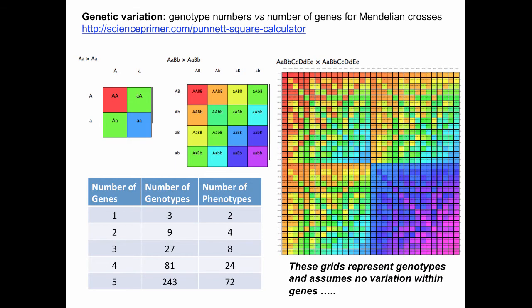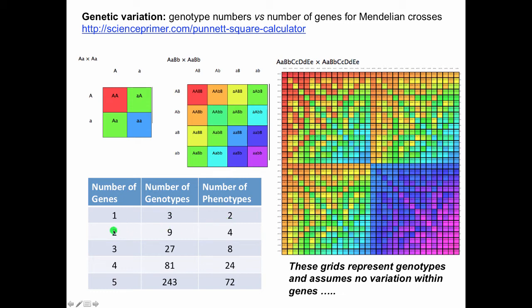These figures give you more of a pictorial view of genetic variation, looking at genotype numbers versus the number of genes. For simple Mendelian crosses, these grids represent genotypes, and they assume no variation within the genes. I don't expect you to make a big deal of this, but it gives you an idea of how complex things get. If you talk about a single gene, we've already mentioned 3 genotypes and 2 phenotypes.